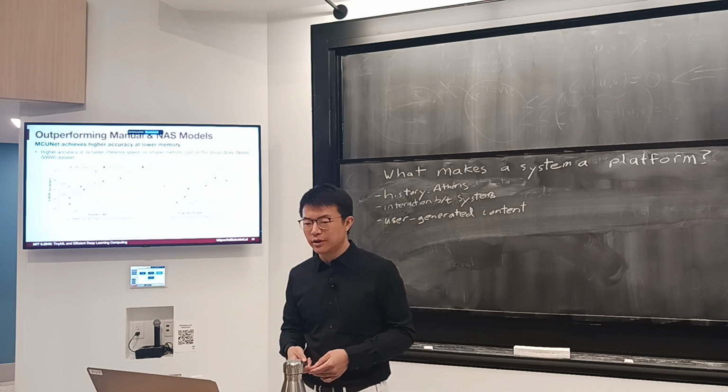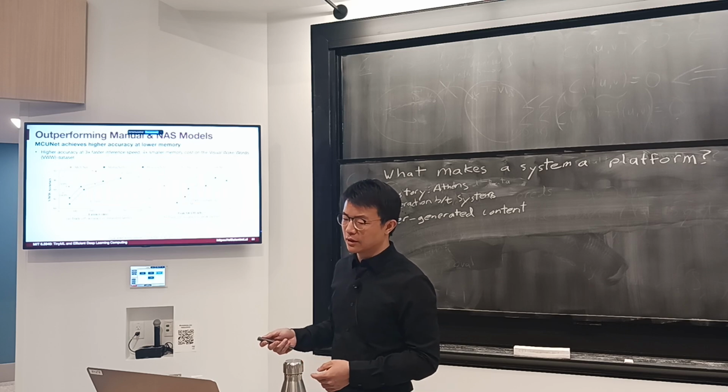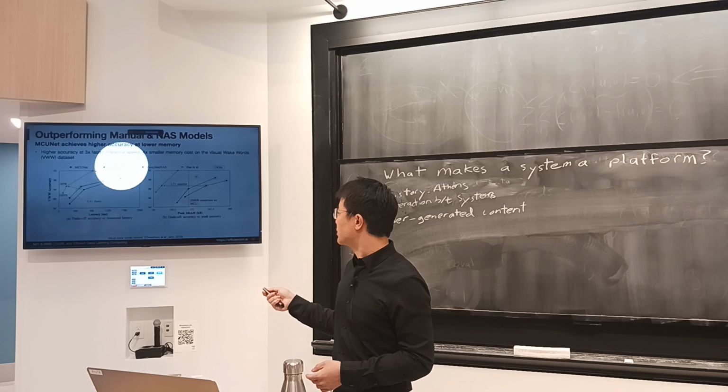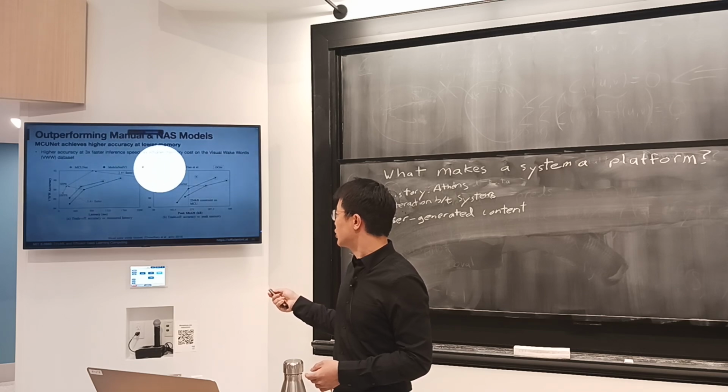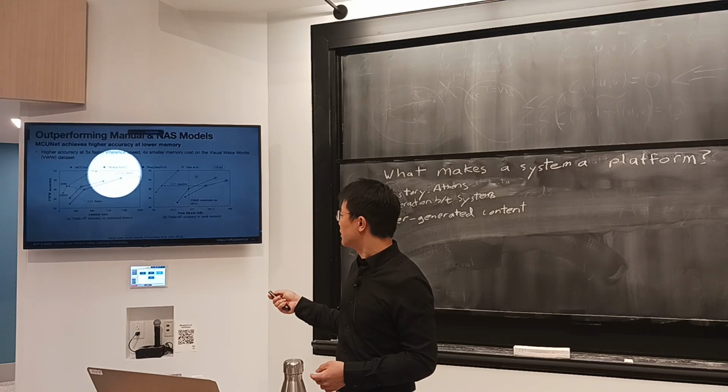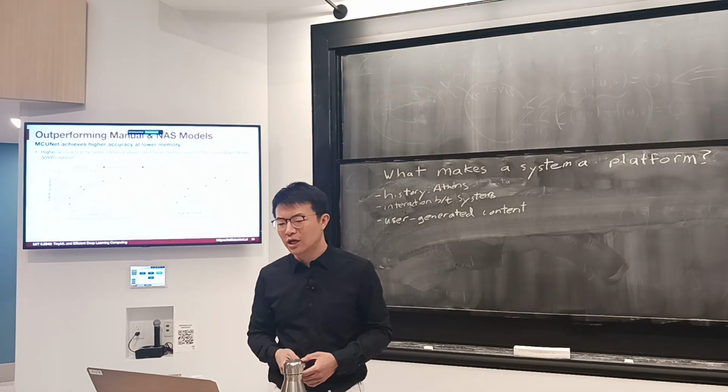So this is comparing MCUNet with different prior work. MCUNet, this is MobileNet, ProxylessNAS we learned before. This is our winning solution in the last year's competition. Actually, we make it 2.5 and 2.4 times faster.